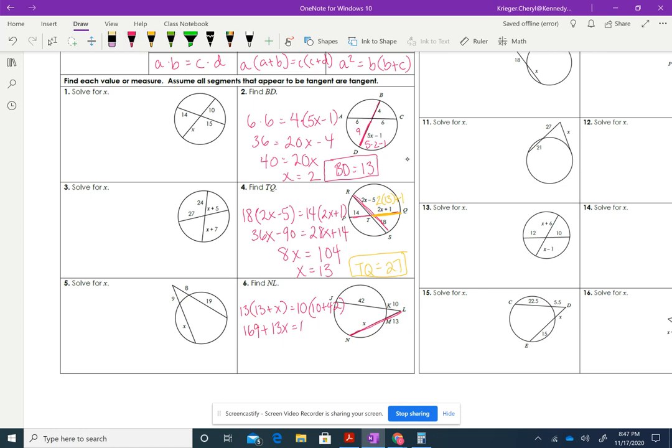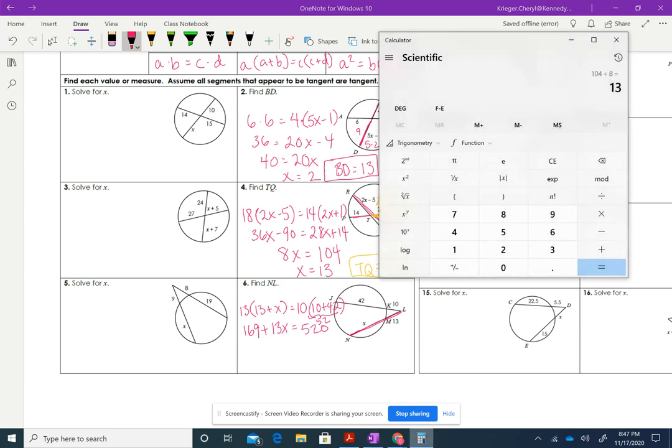Well, actually, let's simplify inside and then multiply by 10. 10 plus 42 is 52. And 52 times 10 is 520. Okay, so we're just going to subtract 169 from 520. That is 351.